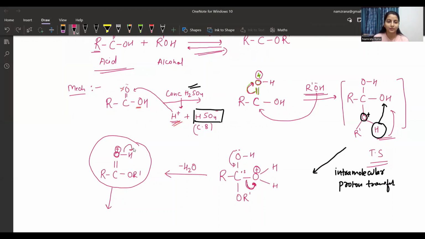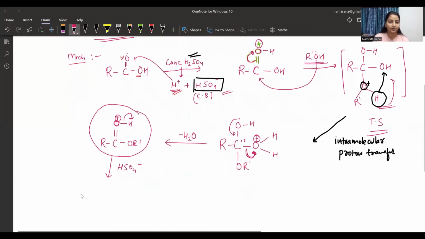Now, this H has to be removed, which is taken by this conjugate base. So, in presence of HSO4 negative, what you will get is R group, then C double bond O, OR dash group, and finally H2SO4 reappears in the mechanism. So, the product formed is an ester group.